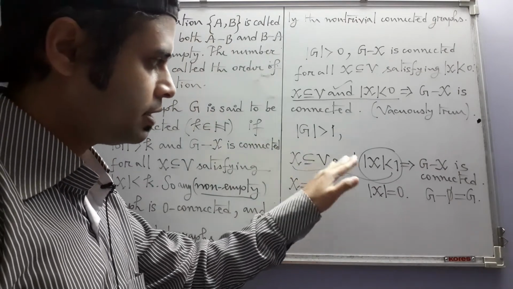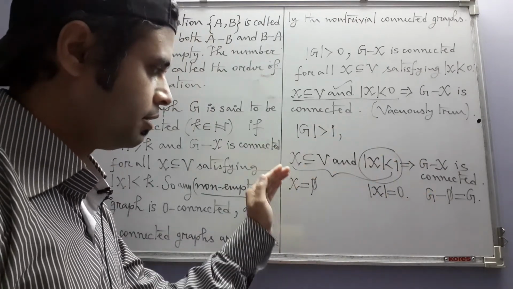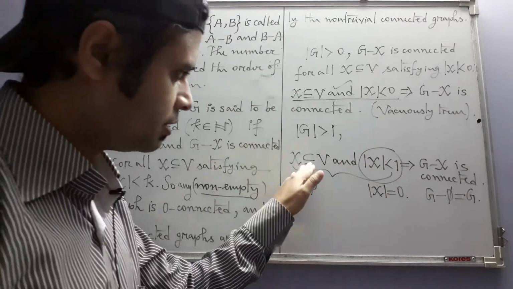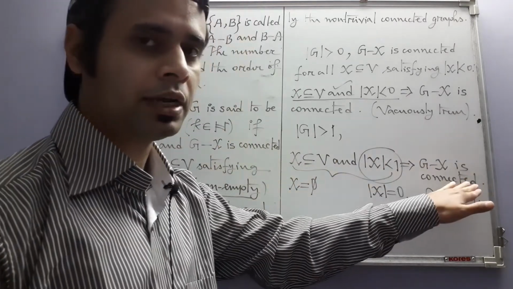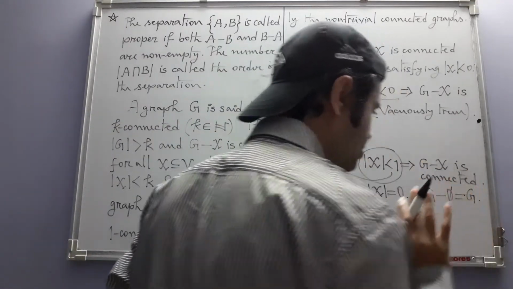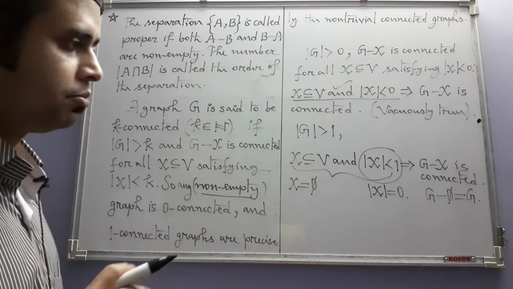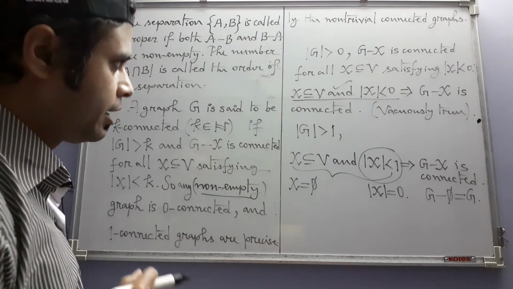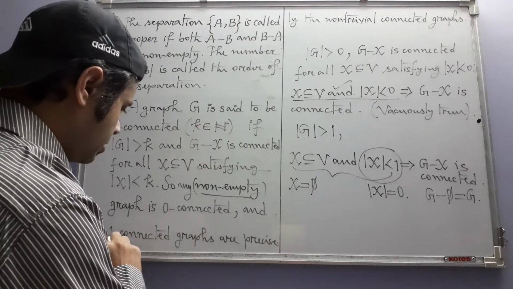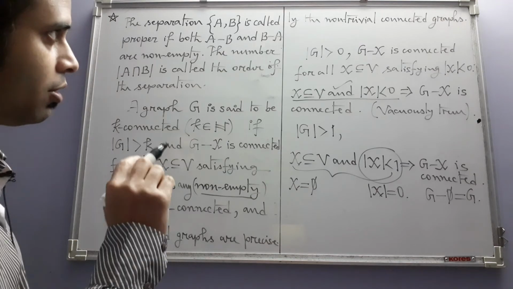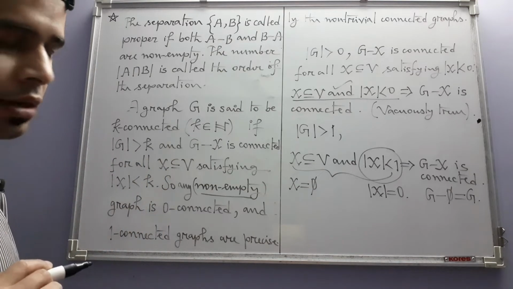The conclusion comes from the fact that we have assumed G to be one connected. So this must imply this. So G minus the empty set should be connected, which is G itself. So G should be connected. And that is why the one connected graphs are precisely all the non-trivial connected graphs.